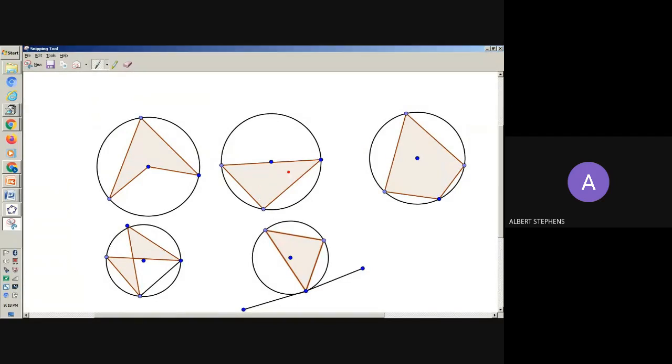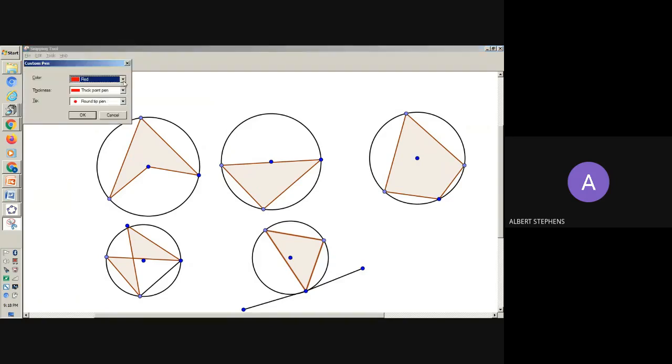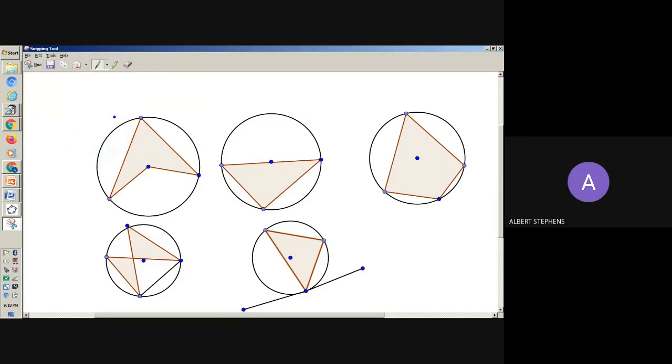All right, so for those of you that have taught this already, I usually call them case one. So this is case 1. You know what?